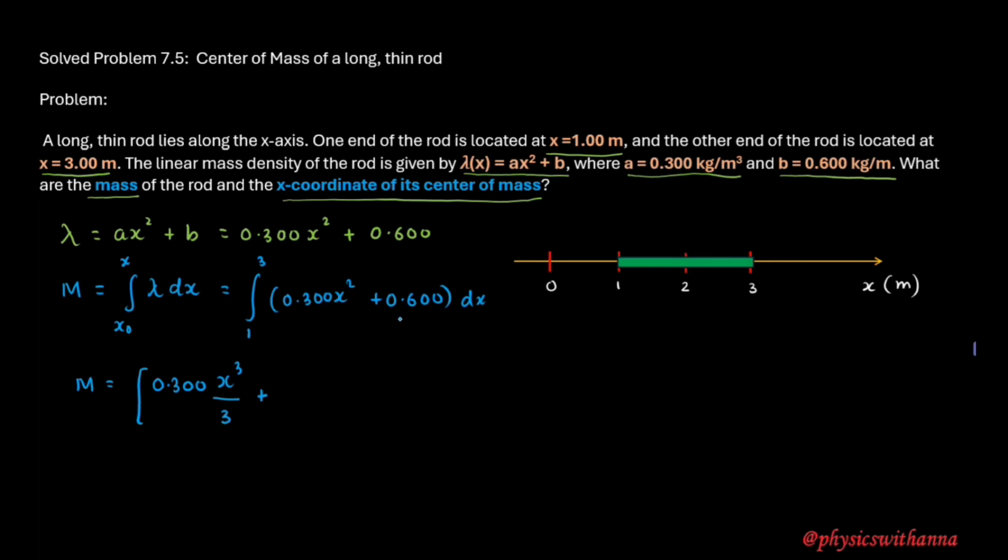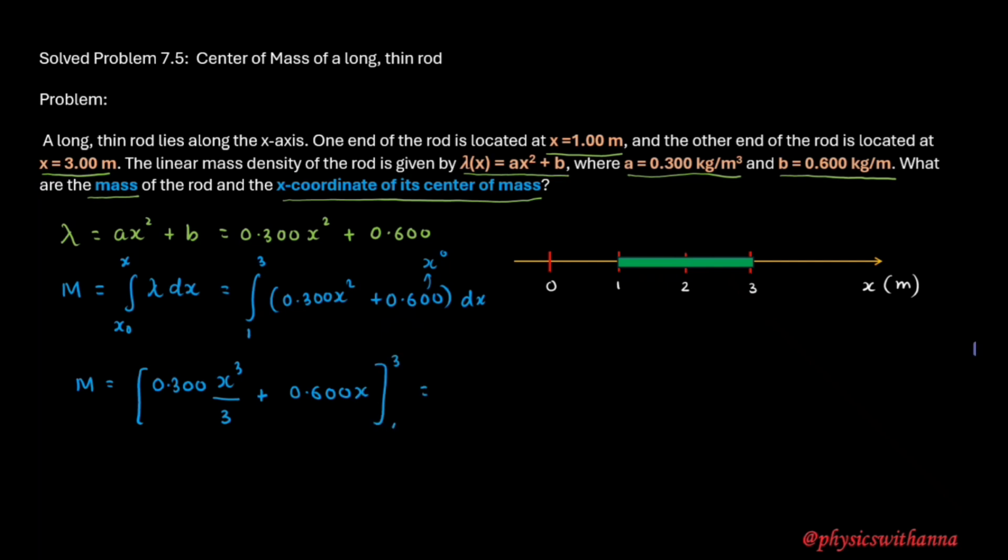Plus, now 0.6 is a constant without x, so the power of x for this term is x to the power 0. When you integrate, x to the power 0 becomes x to the power 1, and we get the integral of this term to be equal to 0.6 times x.